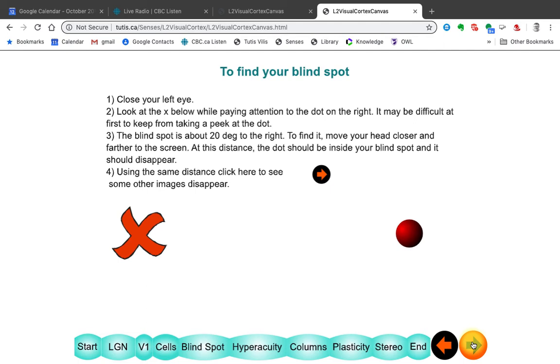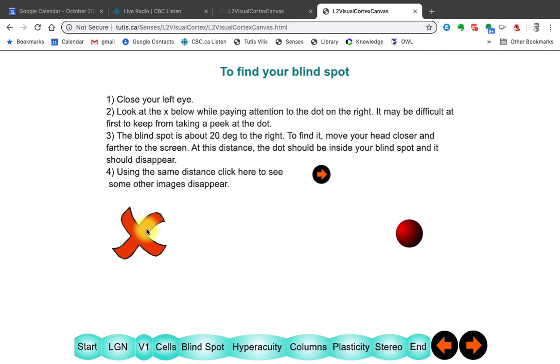Okay, so let me show you where the blind spot is. You can probably do this experiment better at home where you have more control over your position relative to the screen. But if you look here and you close your left eye, at this distance, this dot disappears to me.